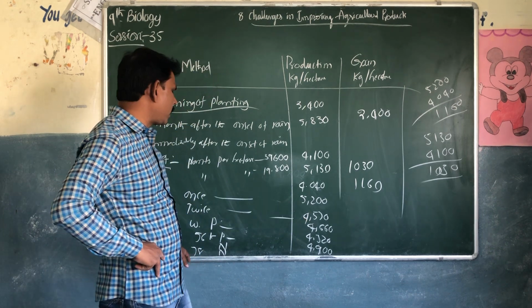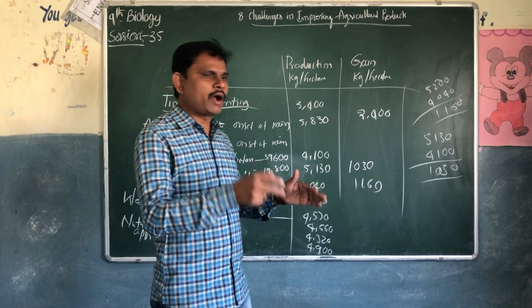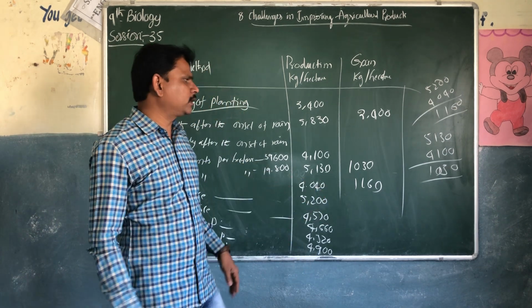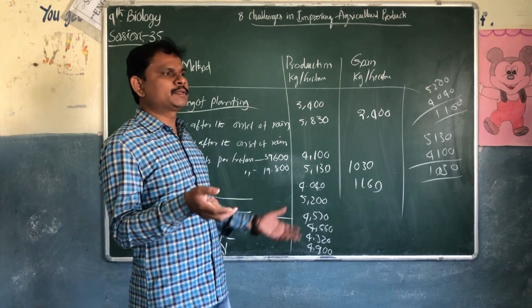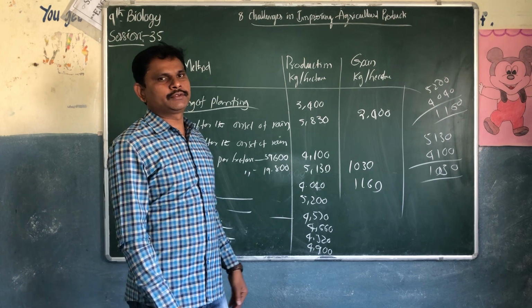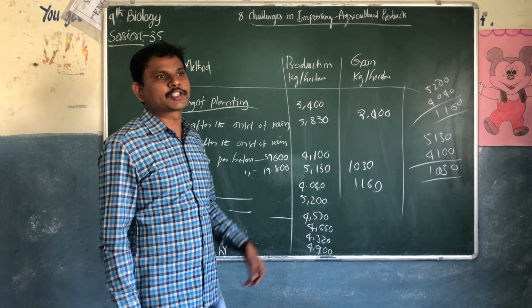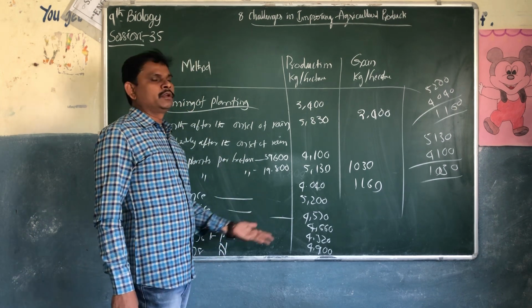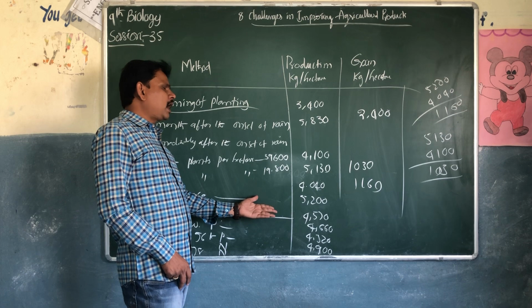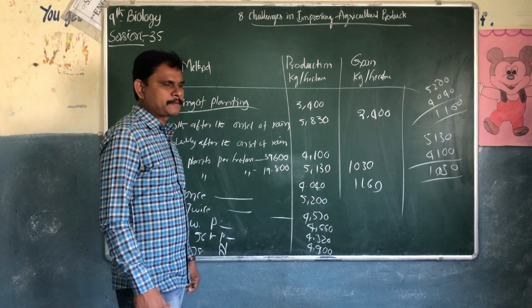So this is what we can learn: phosphorus is not required for these particular plants when the farmer is sowing the seeds, because NPK, nitrogen, phosphorus and potassium, is already present in the soil. No need to add extra phosphorus. Even though you add extra phosphorus, you are not getting more production. It's a very small difference.